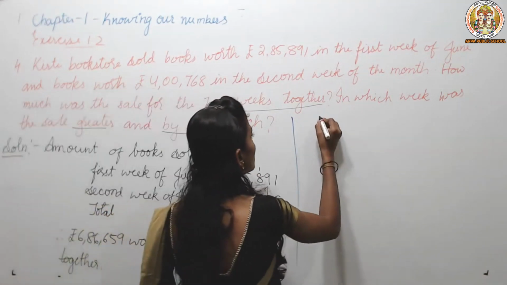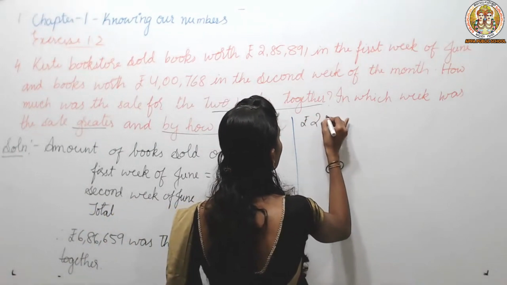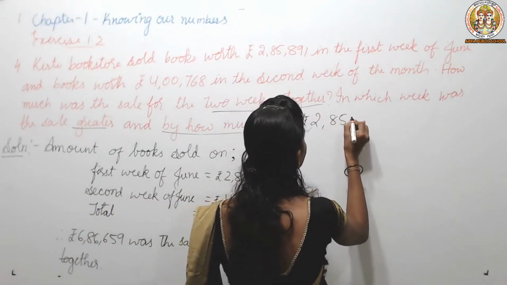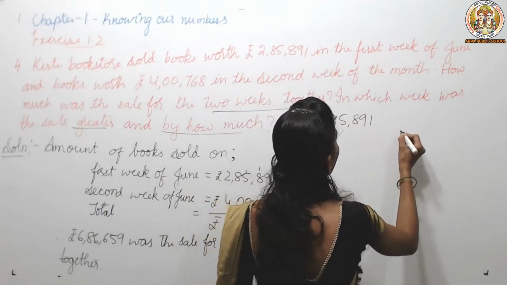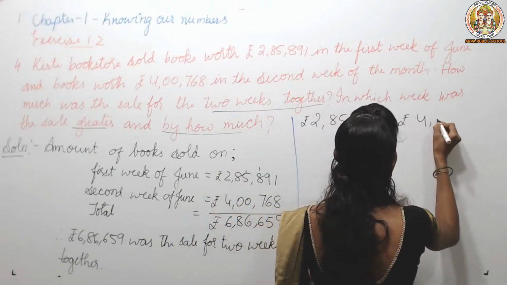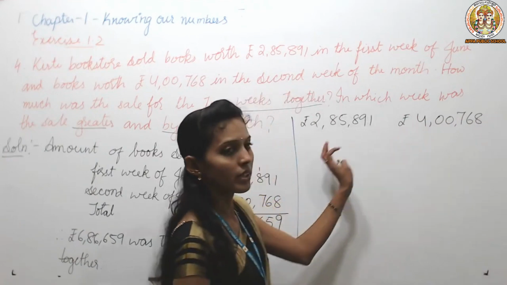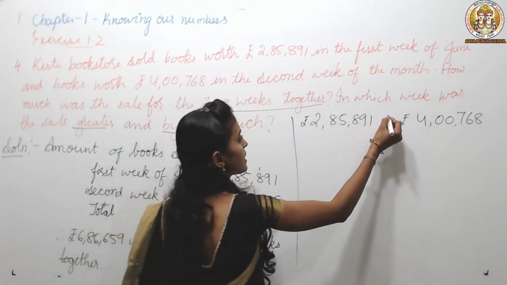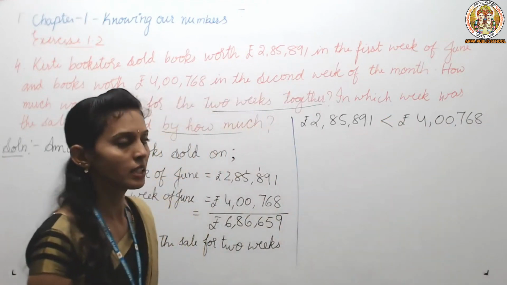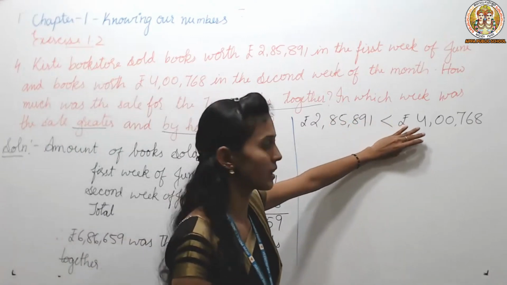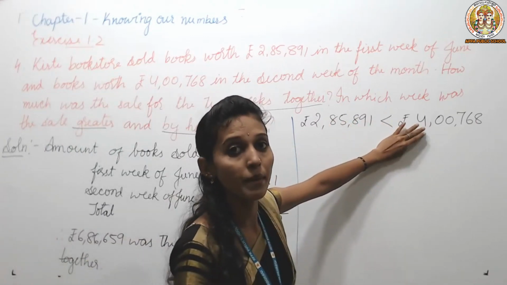So, rupees 2,85,891 and rupees 4,768. Which is greater here? Obviously, this is greater, right? So in the second week of the month, the sale was greater. By how much?